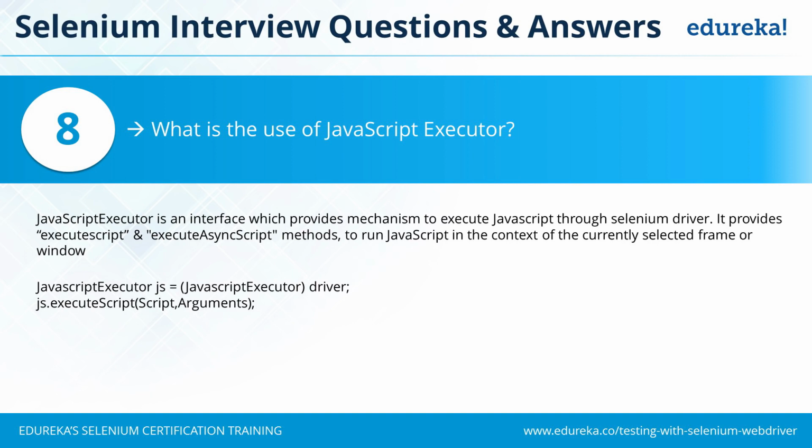Whatever page, window, tab, or frame you were working with, the JavaScript will get executed over the same window or same frame. And what is the syntax of JavaScript executor? It's pretty simple. You just need to declare the object of JavaScript executor: JS is equal to JavaScriptExecutor and driver.